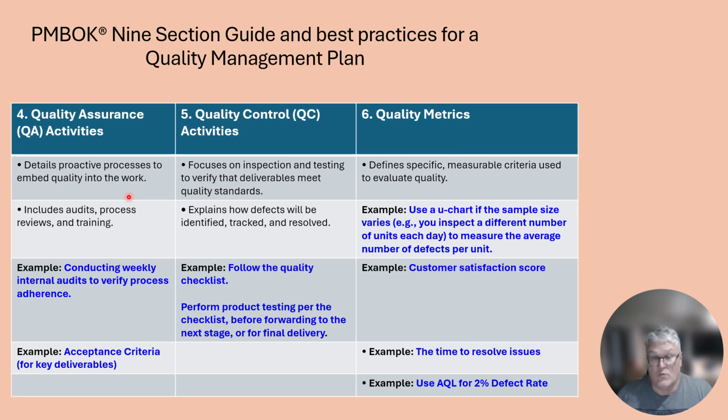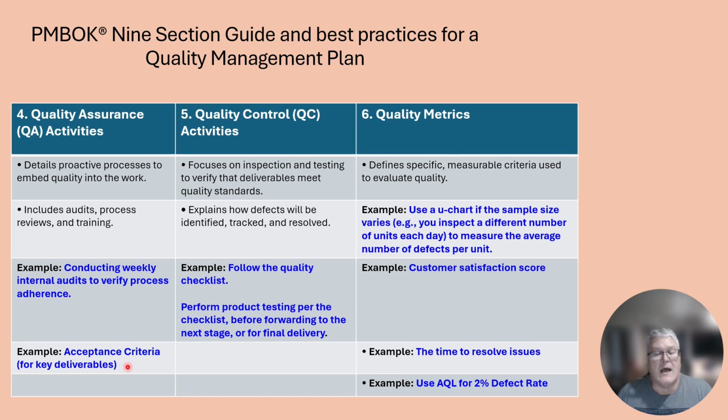Now, that doesn't mean you remedy the quality problem, the defect, or the defective, but at least you've taken the attempt to assess it before it's moved on. So you do quality audits, you do process reviews, and most of all, you do training with people so they know what to look for. Example, conducting weekly internal audits to verify process adherence.